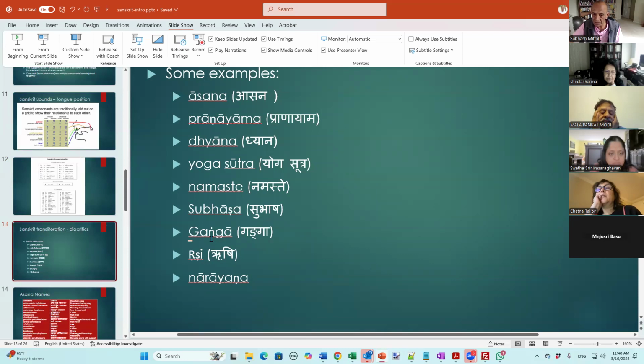There is a dot on top of the n, and this nga looks like da, but there's a dot after this da. Can you see the difference here? Ganga, okay? Yes. So there's a dot here to represent that nga sound, Ganga. Okay, that makes sense. Wonderful.